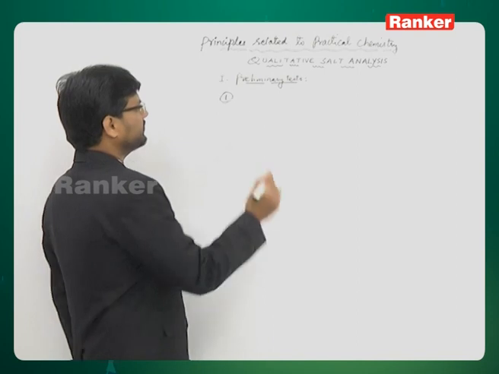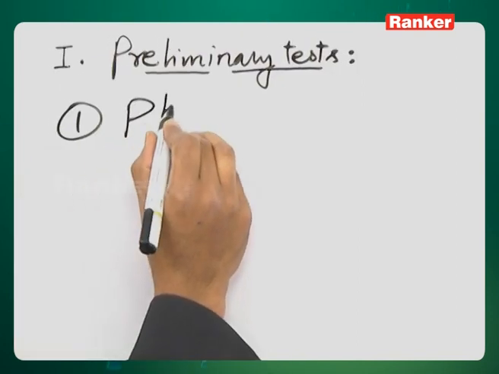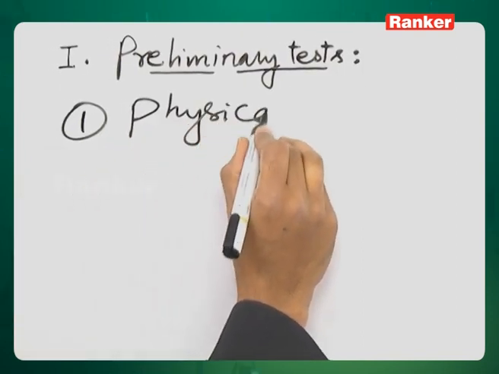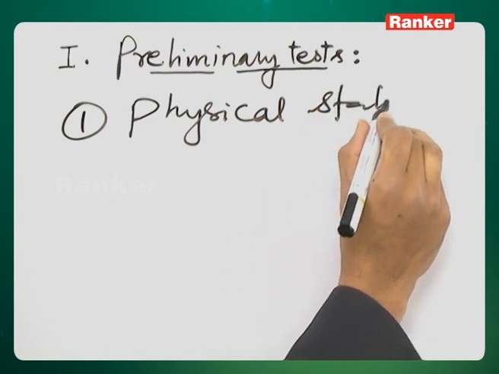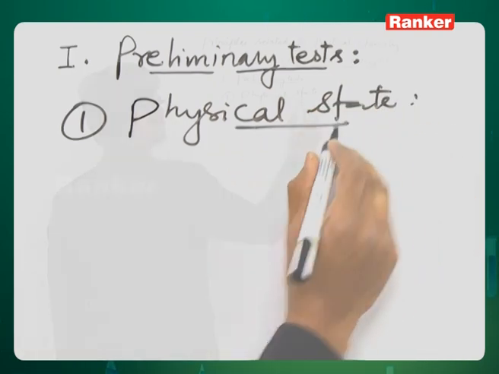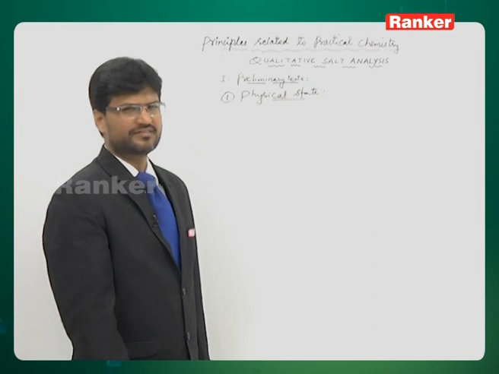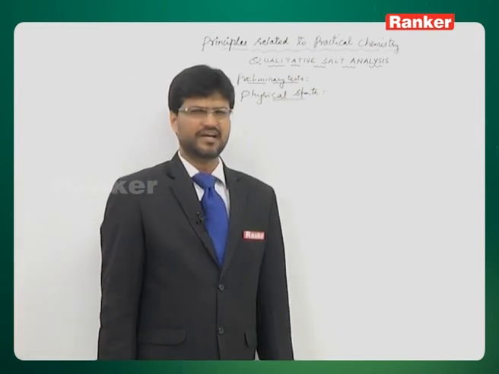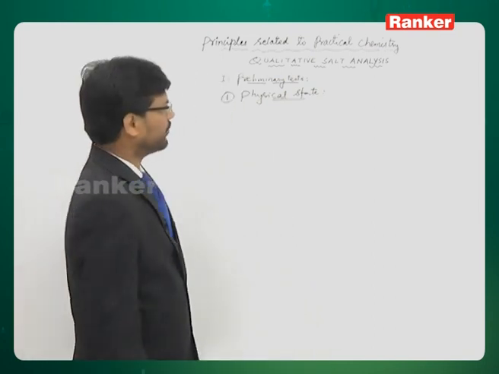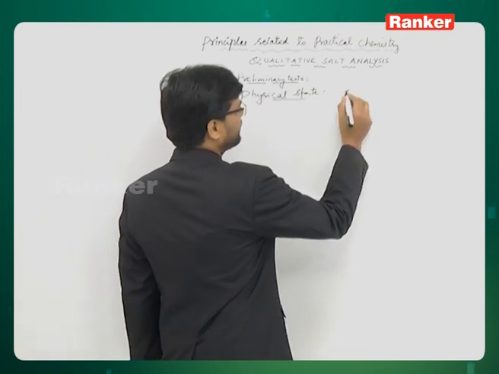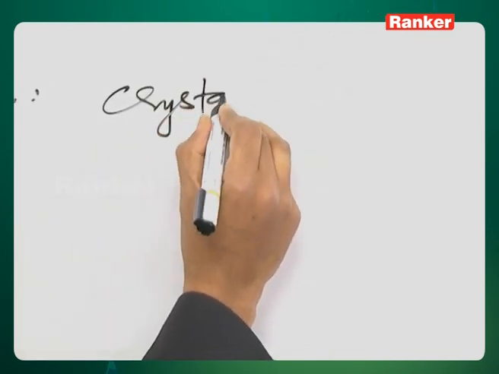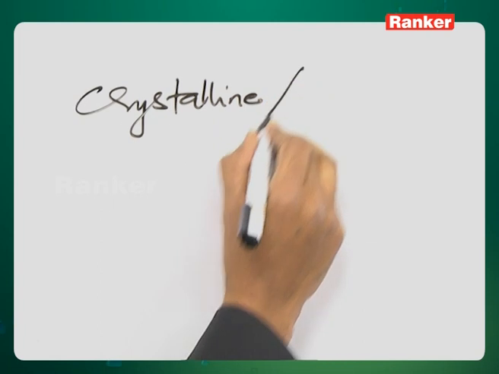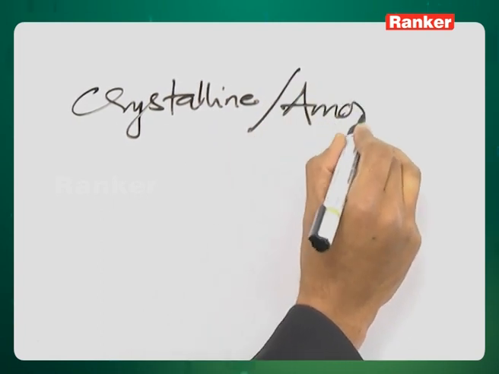Under this, number 1 in the list is the physical state of the salt. Here, the majority of salts are crystalline and very few are amorphous. So, here we need to answer whether the salt is crystalline or amorphous.